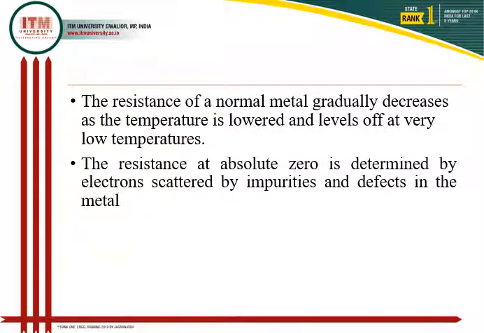The resistance of a normal metal gradually decreases as the temperature is lowered. The resistance at absolute zero is determined by electrons scattered by impurities. Because now the electron is passing through at absolute zero, but at that time everything is frozen.